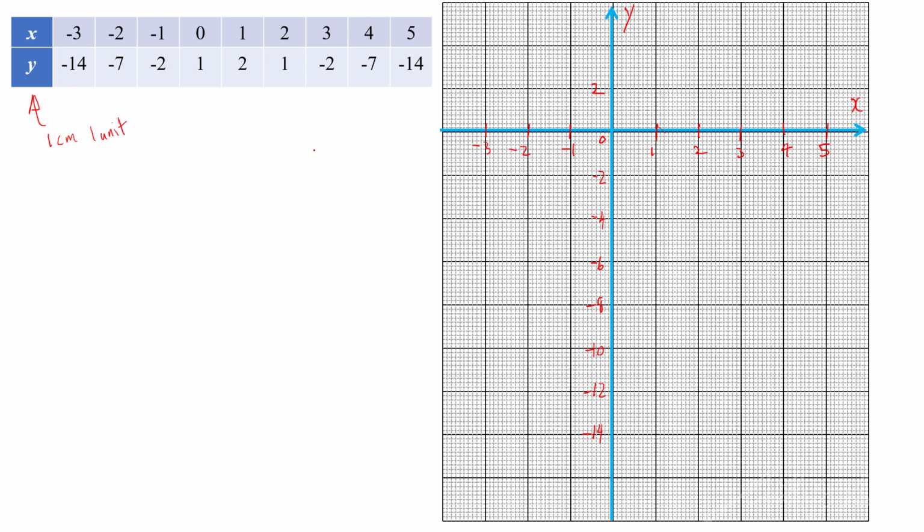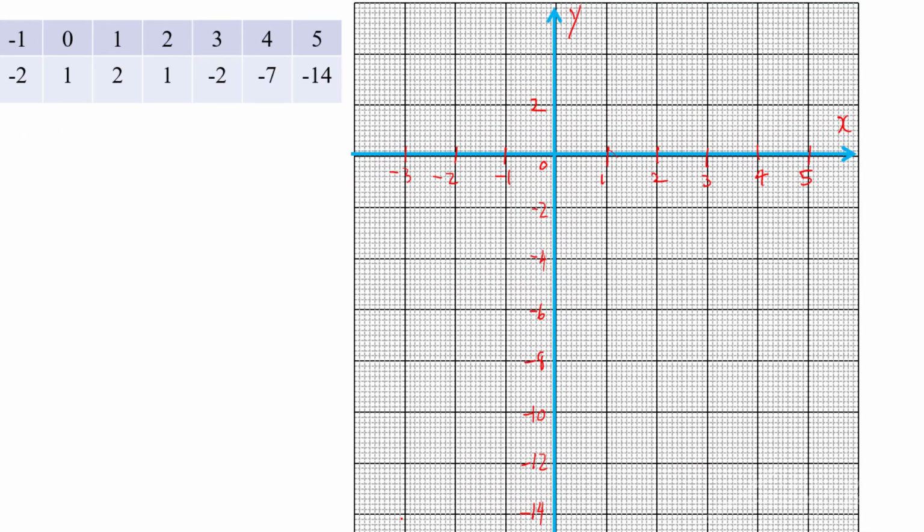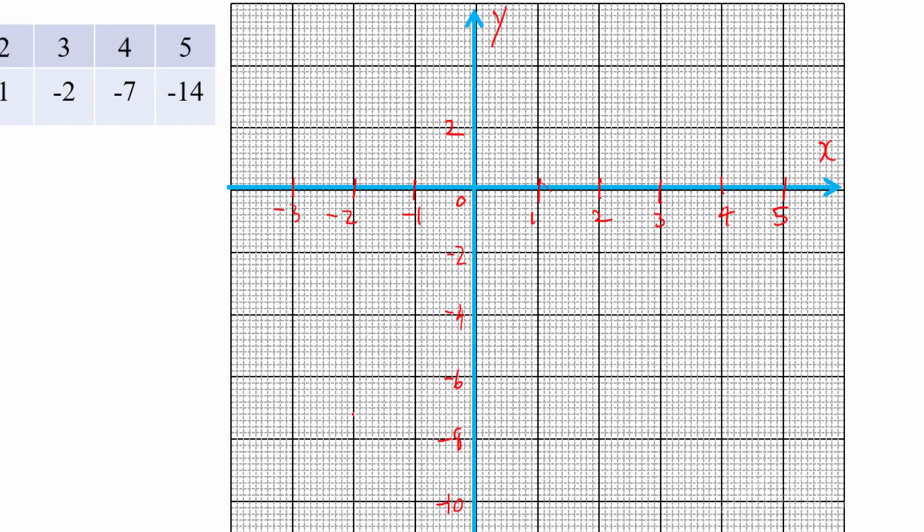Okay, so now that we have our axis labels done, the next thing is to plot out the points. We have the x and y coordinates down here. So when x is equal to -3, y is equal to -14. So write an x down here. -2, -7.